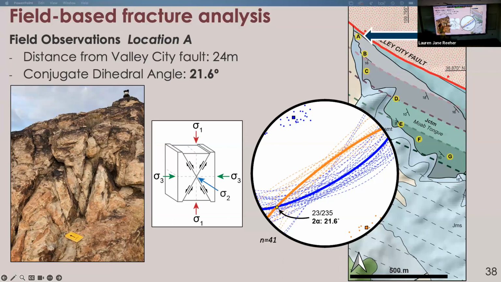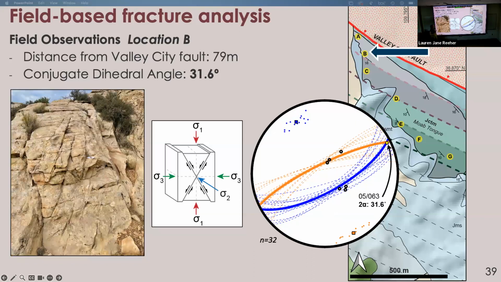We're going to keep an eye out as we move down the outcrop for changes in these two strain patterns. A little bit further away, we're still in a normal stress regime where the acute bisector is vertical. But here we start to see the dihedral angle slightly increase from 24 up to 31.